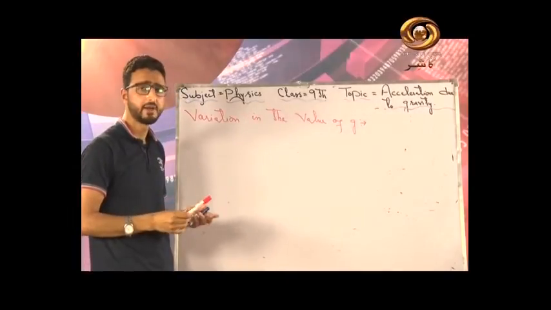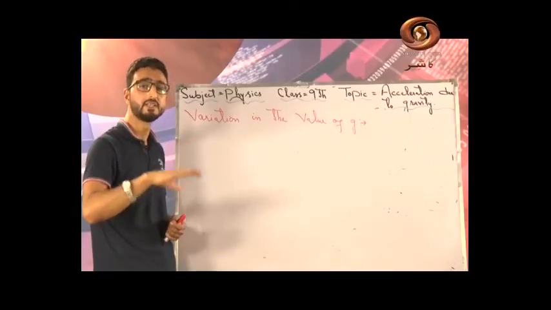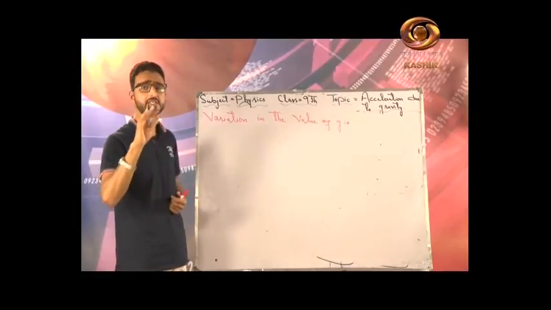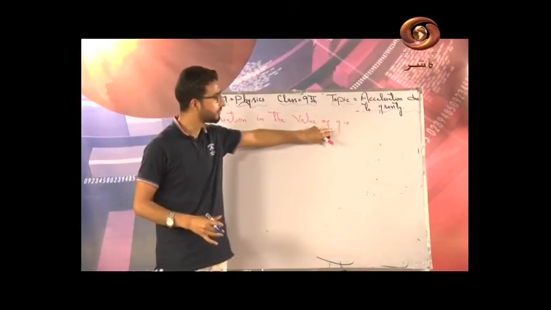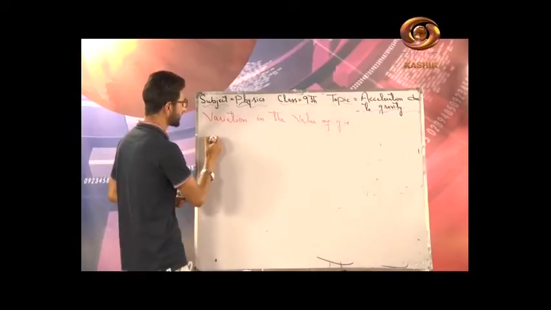Just now you saw it depends upon mass of planet and radius of planet, and on the surface of earth it changes from place to place as well. And you have to remember 4 factors upon which this small g, I mean acceleration due to gravity, depends.